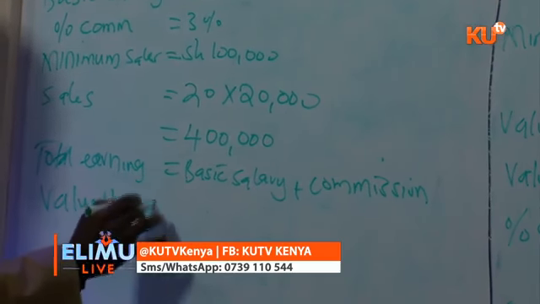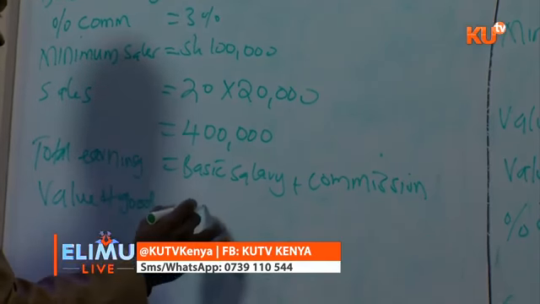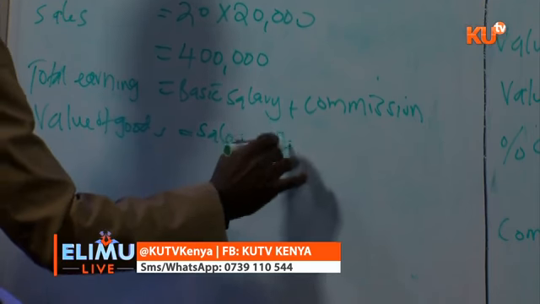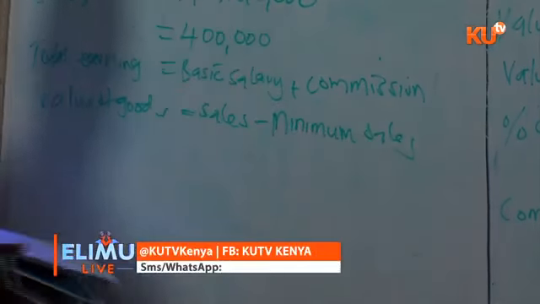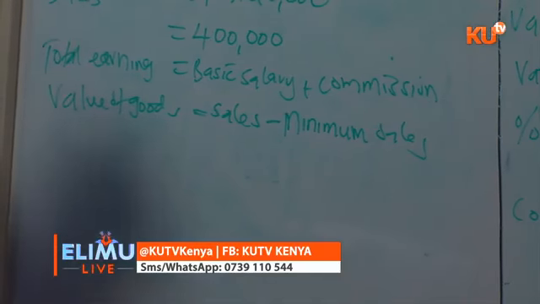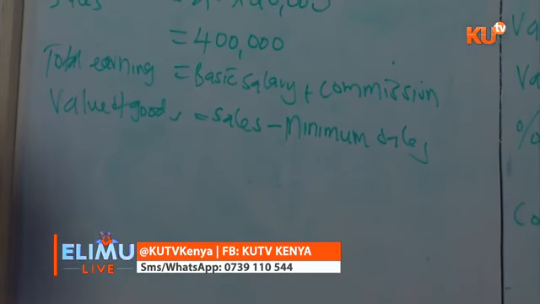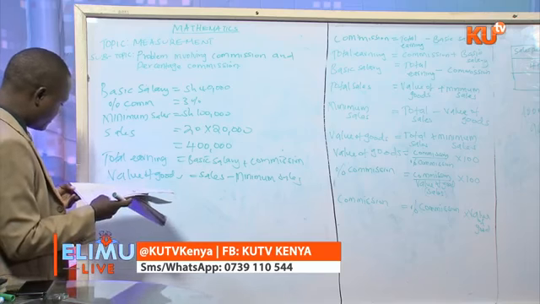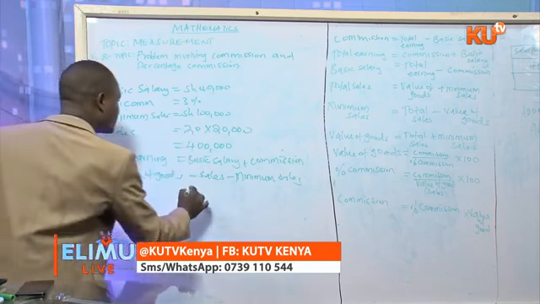So the value of goods is equal to total sales minus minimum sales. We were told that the total sales was 400,000.